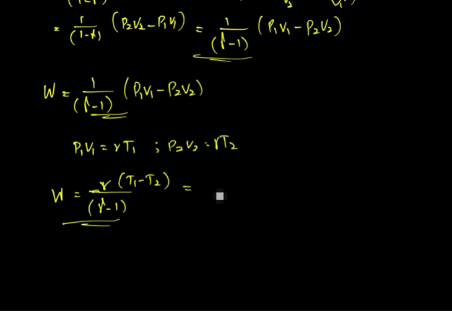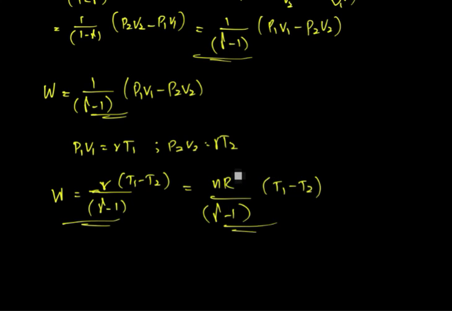Which is equal to, with small r, n into R divided by gamma minus 1 into T1 minus T2. This is another expression for the work done during an adiabatic process. Since in an adiabatic process no heat is allowed to enter or leave the system, the external work W is done by the gas at the expense of its own internal energy.